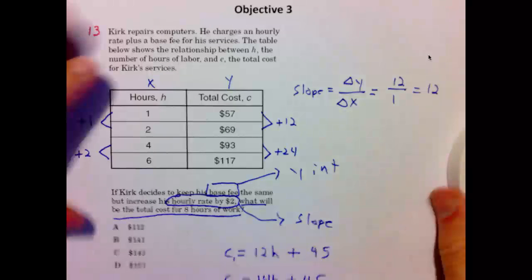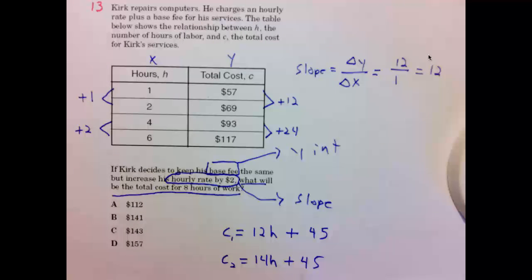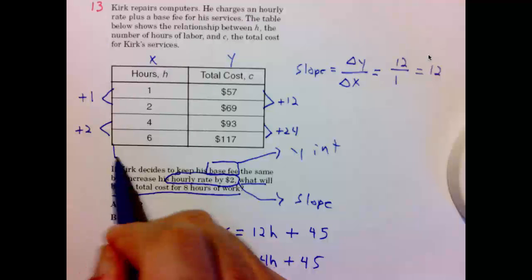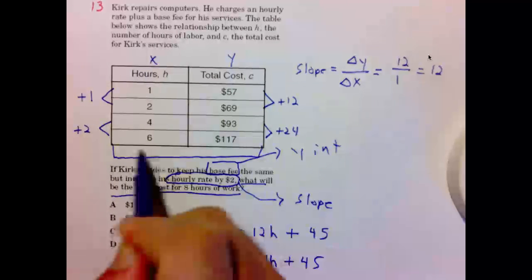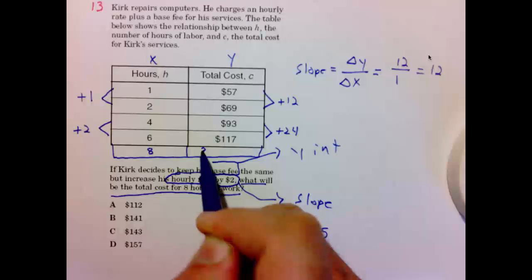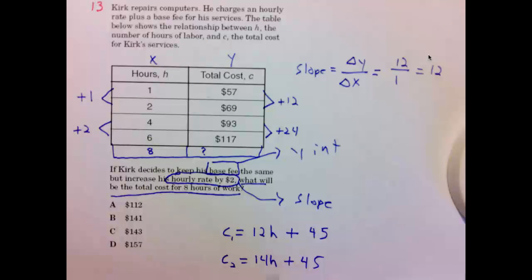Alright. We want to know what will be the total cost for 8 hours of work. So here's the question. 8 is going to pair with what over here? Alright, so simply substituting 8 into the new cost function. The new cost is going to be 14, substituting 8, plus 45.